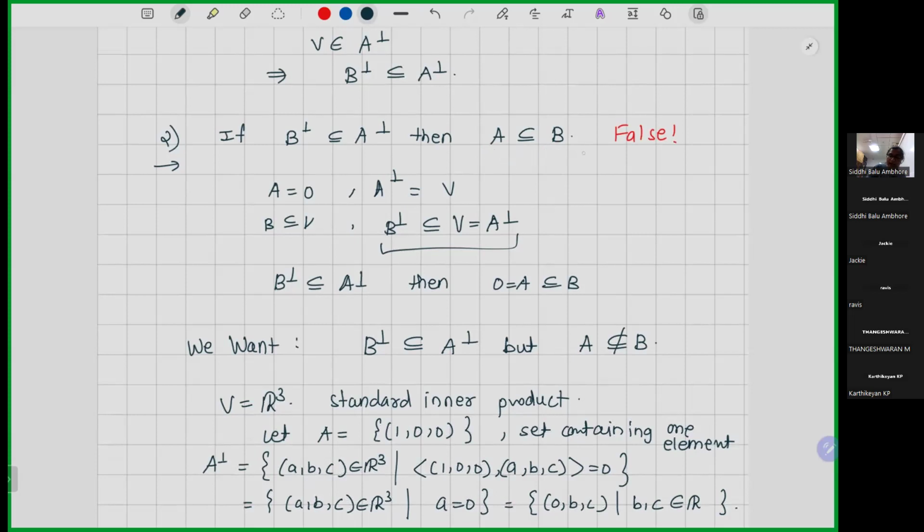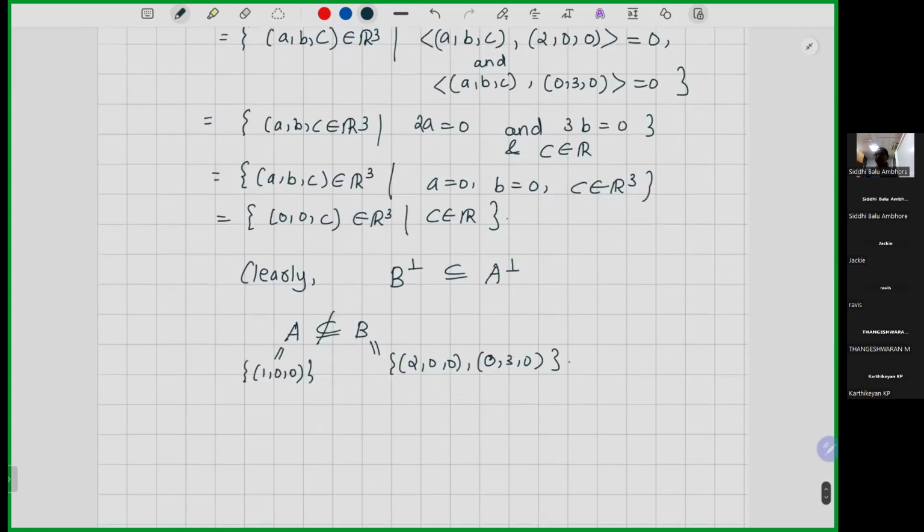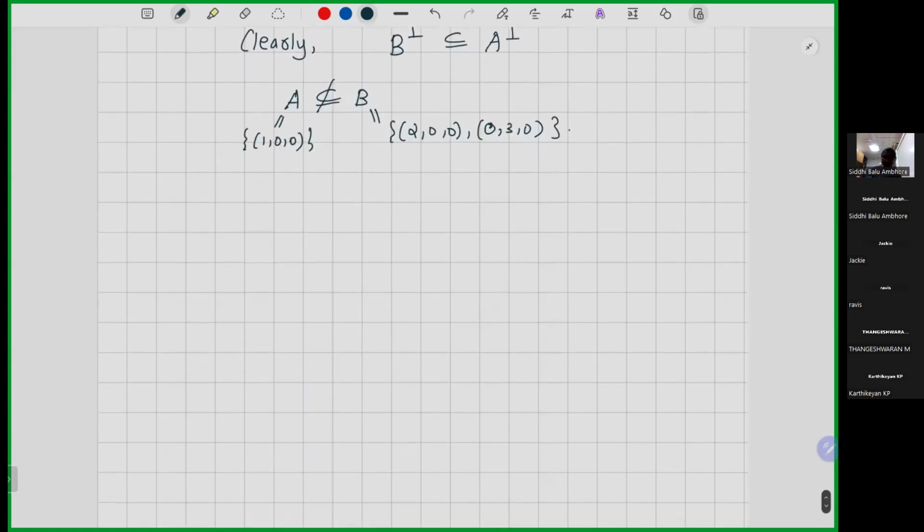But when I talk about sets, that's when I'm getting the counter example.